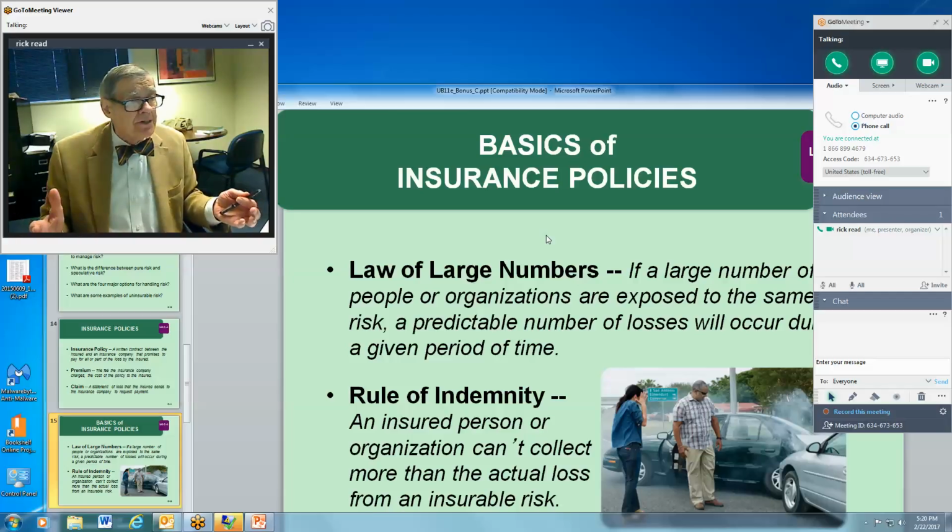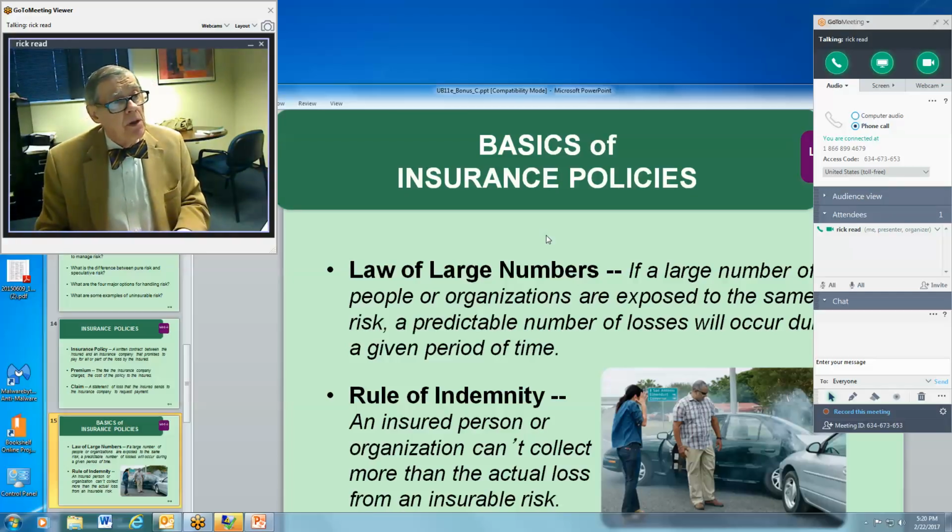For instance, my wife and I have been homeowners for a large number of years in different states in the United States. And we've never had a fire. We've had some homeowner things that we've gone through and asked them to pay for. We had a chimney repaired once and a couple of other things, but certainly nothing major. And you know, we paid insurance all these years to protect us against possible loss.